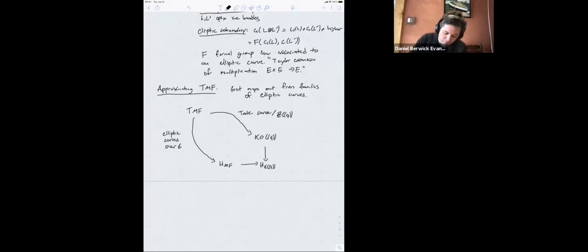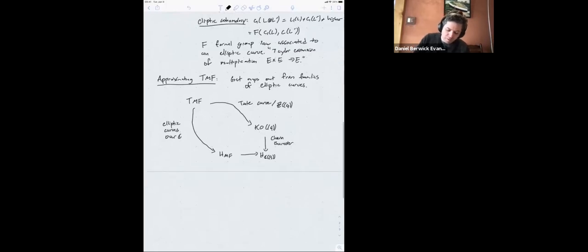This first map here is just given by the Chern character in each power of Q. And this map over here is induced by a map on coefficients, which is usually called Q expansion. There's basically a Fourier transform map on modular forms that lands in power series in Q, and that map on coefficients gives this map of ordinary cohomology theories.